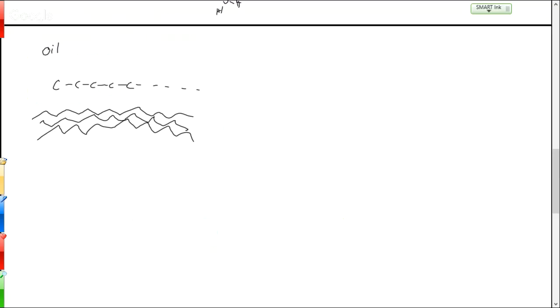And those interactions, do you remember what those are called? How do those things connect? Starts with a D. Well, that's the polar one. What's the one for the nonpolar molecules?